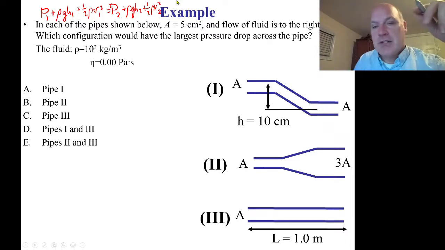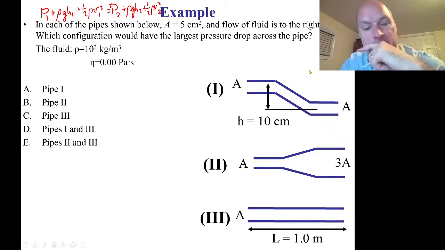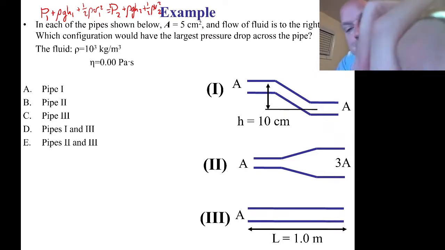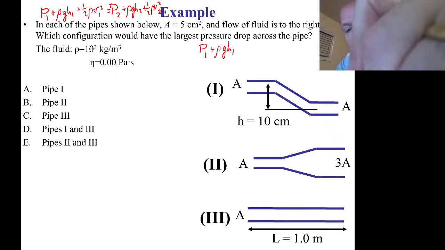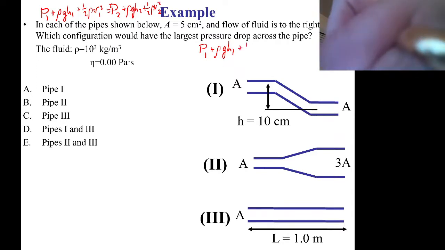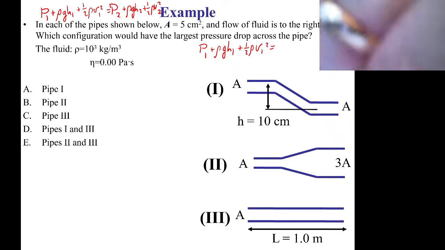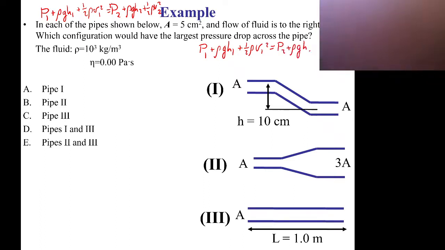So let's look at this equation on the first problem, A, number 1. I'm going to rewrite it: P1 plus rho g h1 plus 1/2 rho v1 squared is equal to P2 plus rho g h2 plus 1/2 rho v2 squared.